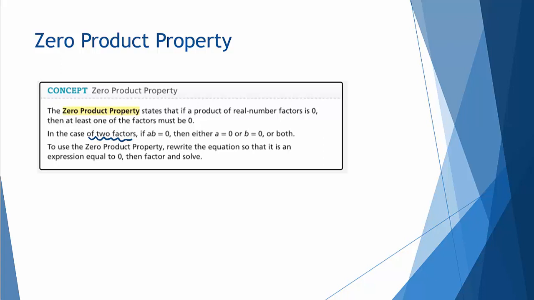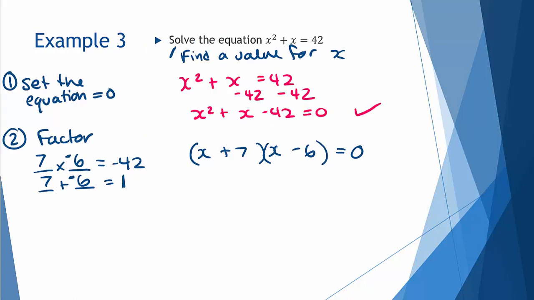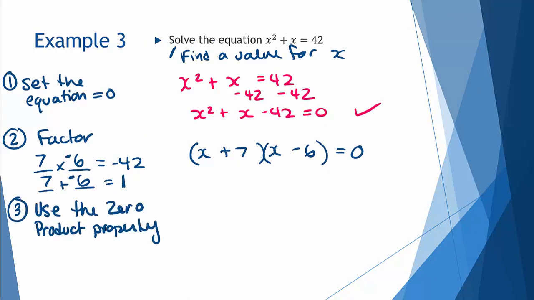So what we're going to do is separate each factor, and set them each equal to 0. So if we go back to the equation, this is our one factor, and this is our second factor, and the zero product property says that we take each one and set it equal to 0.